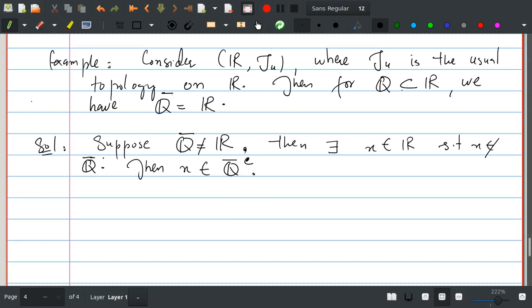Note that the closure of any set is a closed set. So the complement of a closed set is an open set. That means this Q closure complement is an open set.